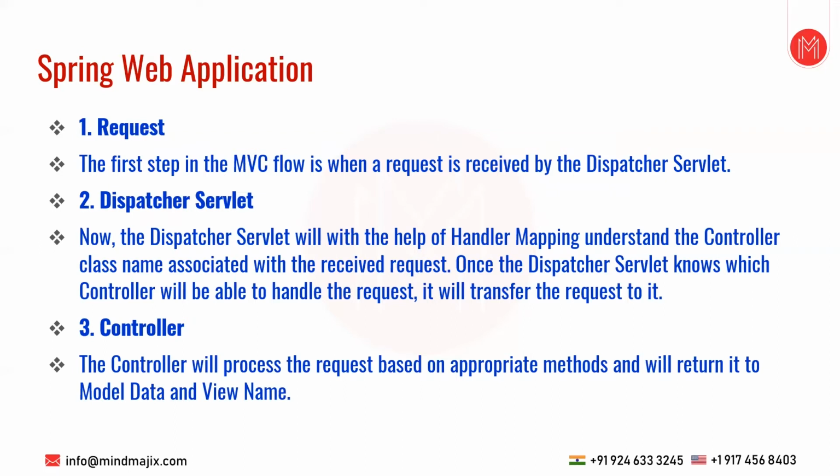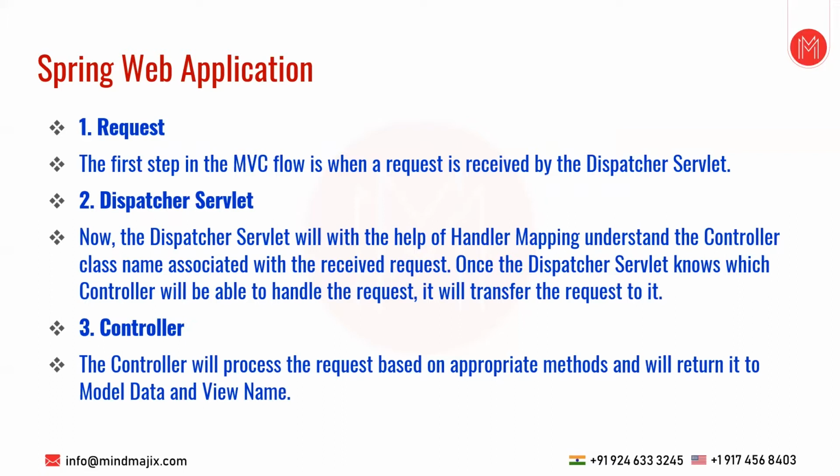First concept, that is how to create Spring Web Application. So everyone knows the basic MVC workflow of Spring Web Application. Generally, when it comes to Spring Web Application with MVC pattern, we need to follow 6 steps. The first one is we need to send the request.